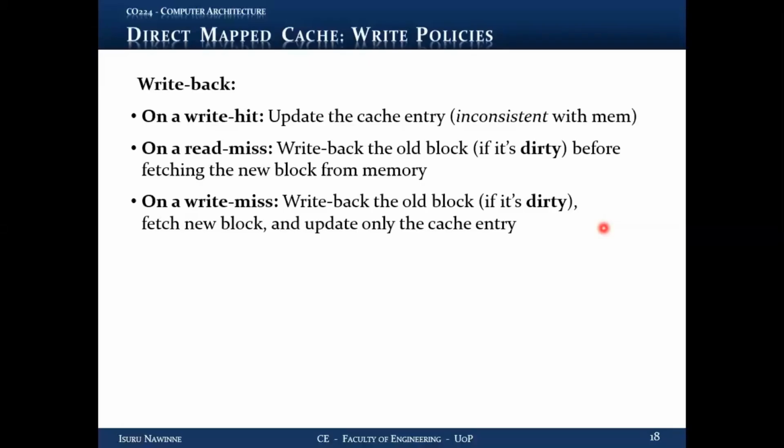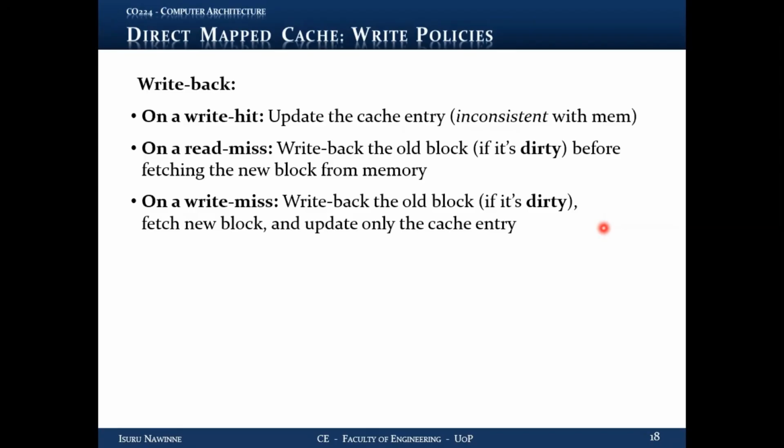So on a read miss, when a read access comes and you have a miss, you have to go and fetch that missing block from the memory, and your existing cache block at that cache entry will be overwritten.